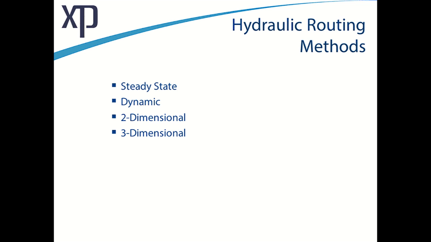There are really 4 different types of modeling or routing methods available to us. We have the steady state, the dynamic, the 2-dimensional, and the 3-dimensional. We're really going to talk about the second one, dynamic, but I just want to touch briefly on the 2-dimensional and 3-dimensional models.